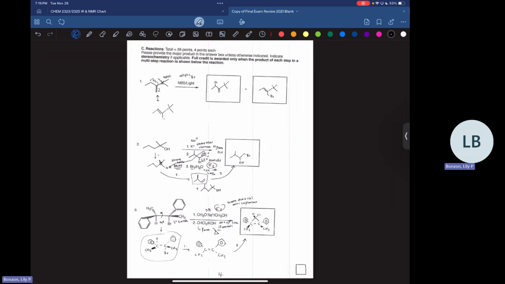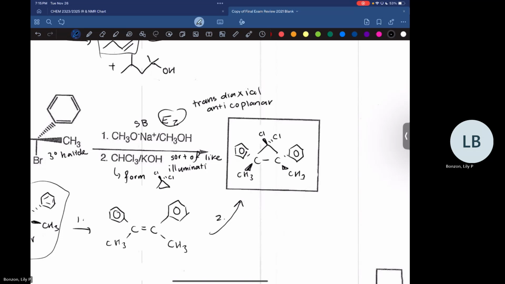Any questions on this first page of reactions? I don't know.